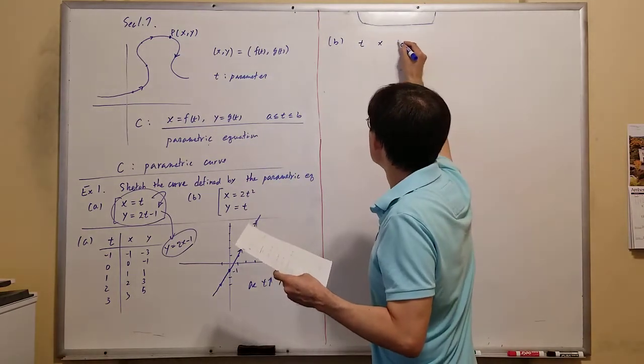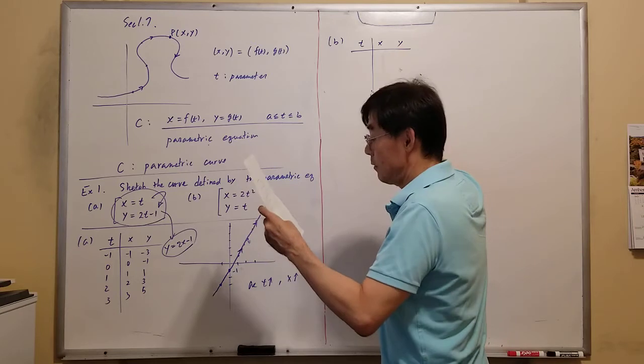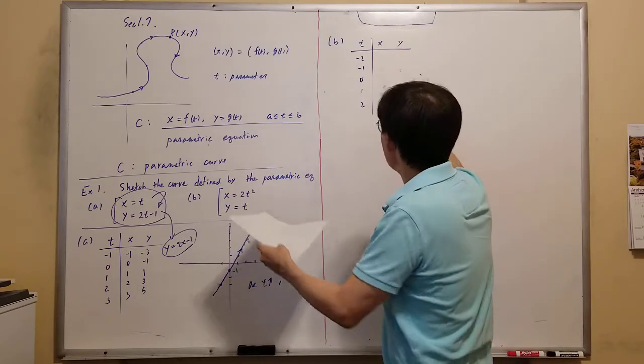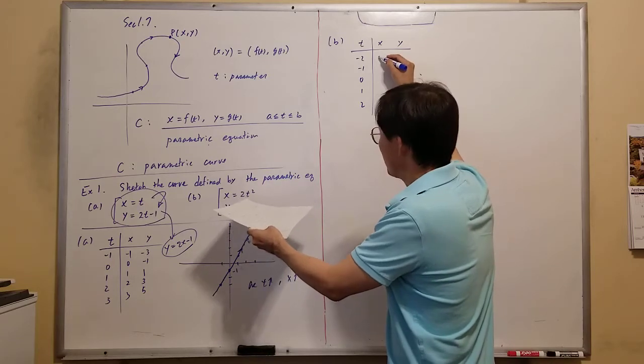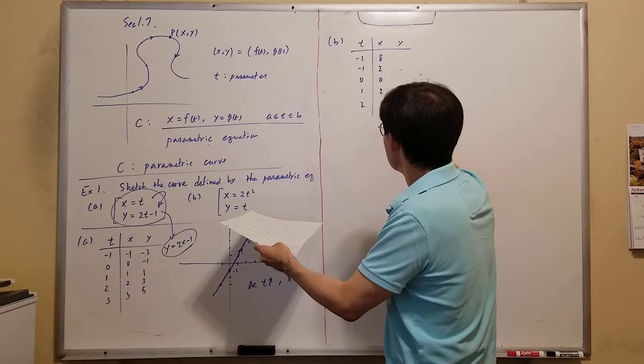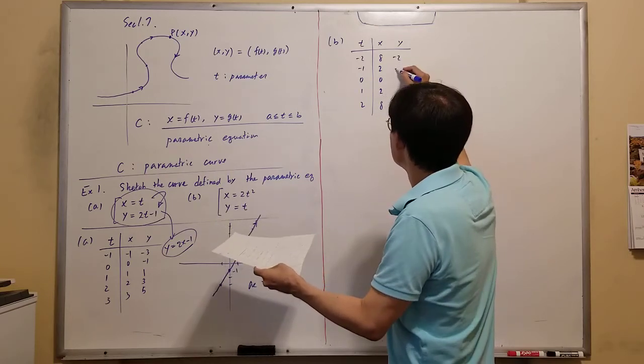Let's see, again, t, x, y. t from -2, -1, 0, 1, 2, x is 8, 2, 0, 2, 8, y equals the same thing.